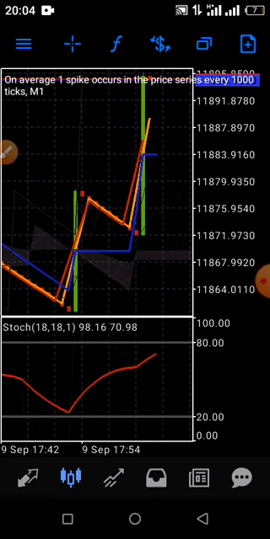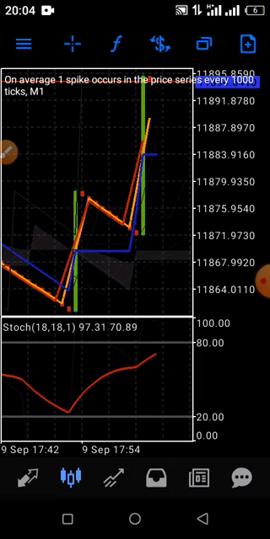But I discovered this strategy coincidentally, in the sense that I'm strictly for Boom 1000 and Crash 1000. But I was trying to upgrade the Crossover Volume 2. I wanted it to be Volume 3, trying to do one or two changes to my settings.